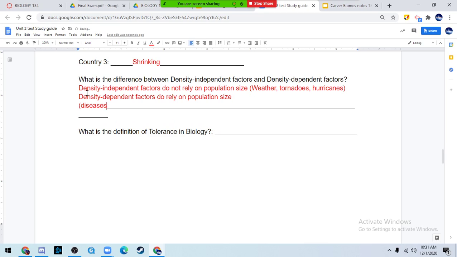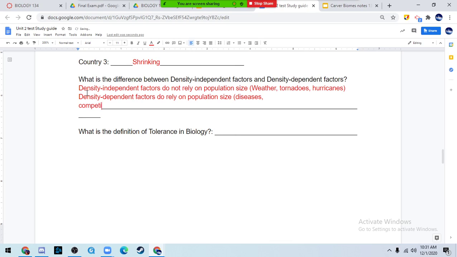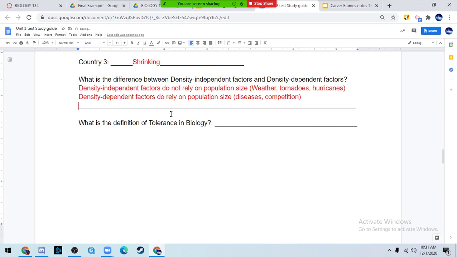Competition is another one. So there's only so much land or so much food that's available to organisms. Good hint I'm going to give you all is that if you see a question on the test that's talking about diseases, you should immediately think that it's talking about a density dependent factor.